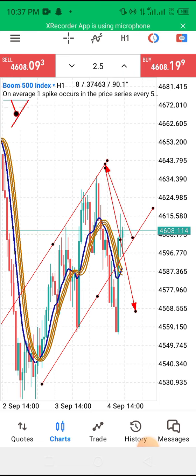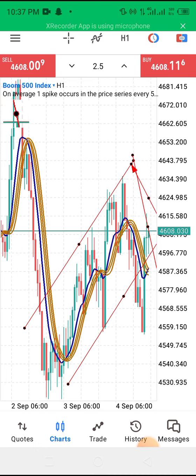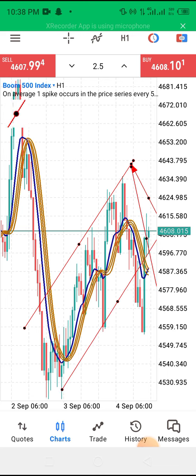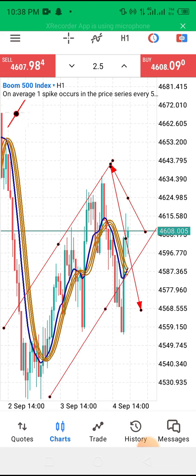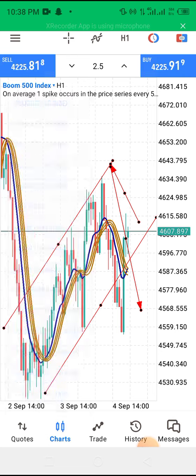This is what we expect to happen when the market probably gets up to this zone here, then it starts selling. But we don't have that time to wait for that to happen, because we are actually looking for a scalping entrance. So we avoid boom 500, and let's check crash 500.